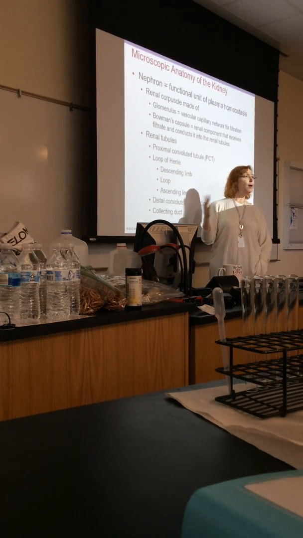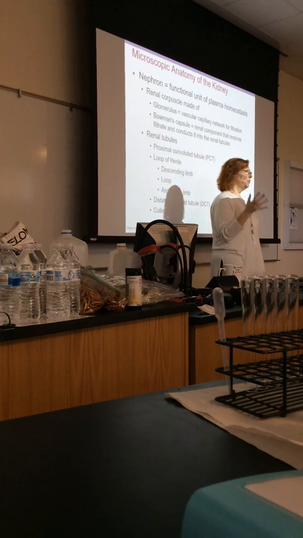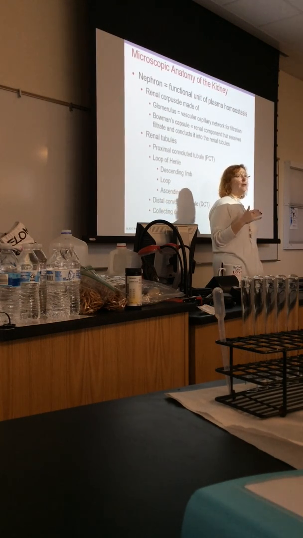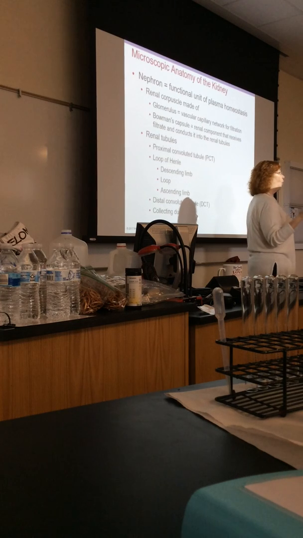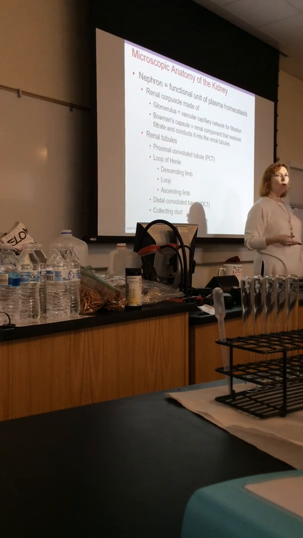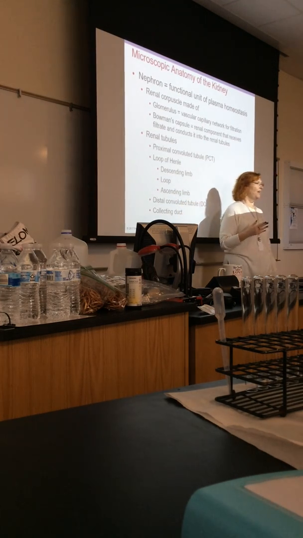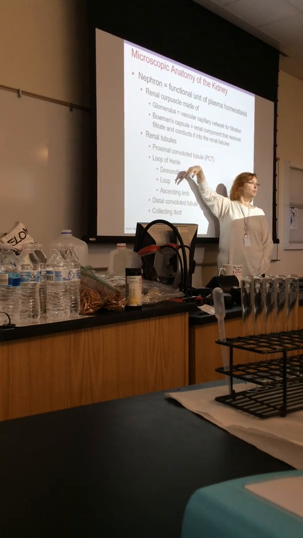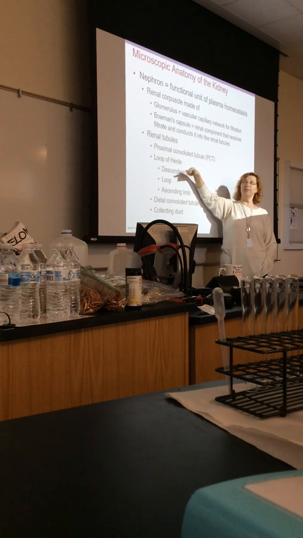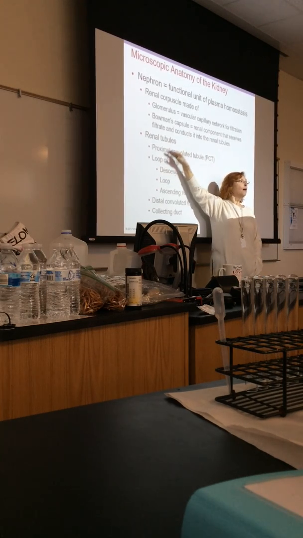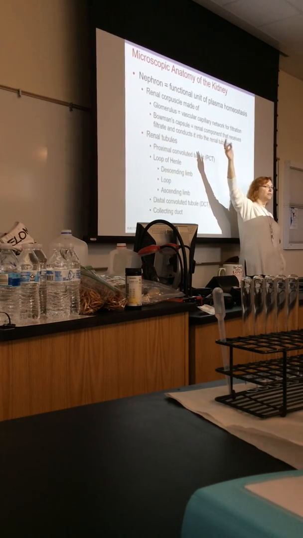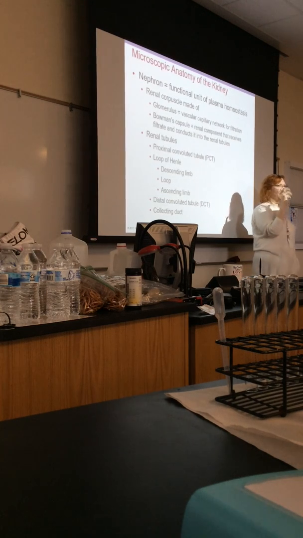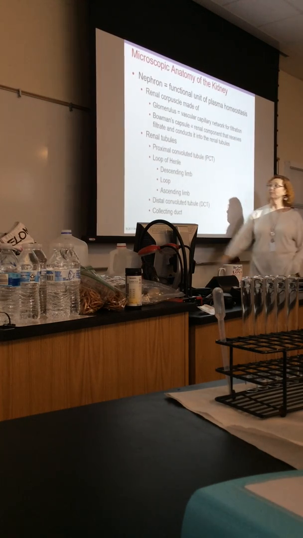So, when we describe the other tubules, we talk about, is it before the loop of Henle or after the loop of Henle? If it is between the renal corpuscle and the loop of Henle, so it's before the loop of Henle, we call that the proximal convoluted tubule. Convoluted because it makes all kinds of twists and turns.